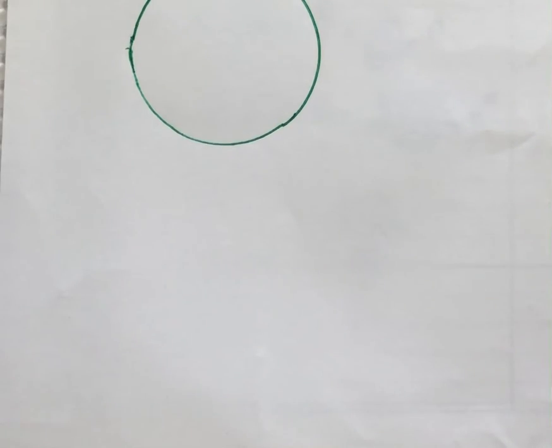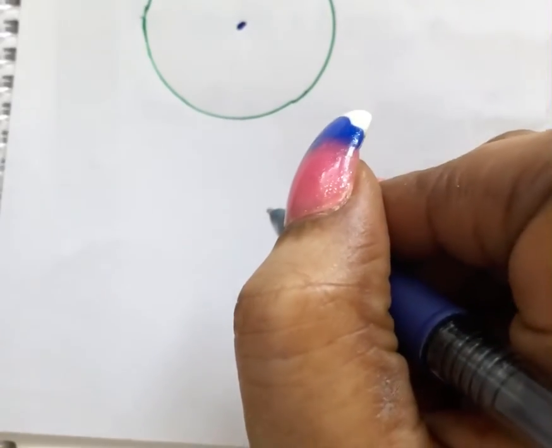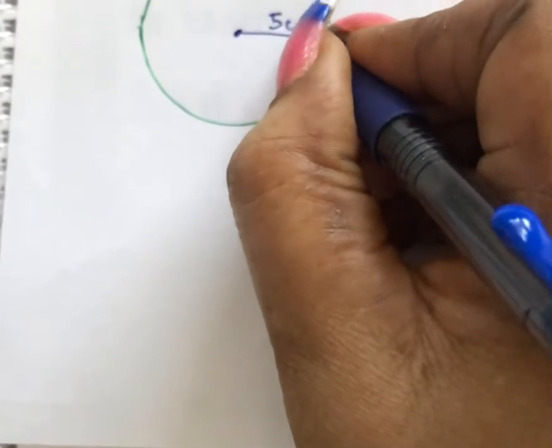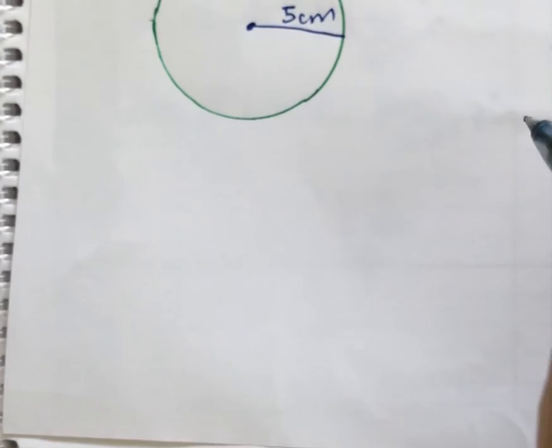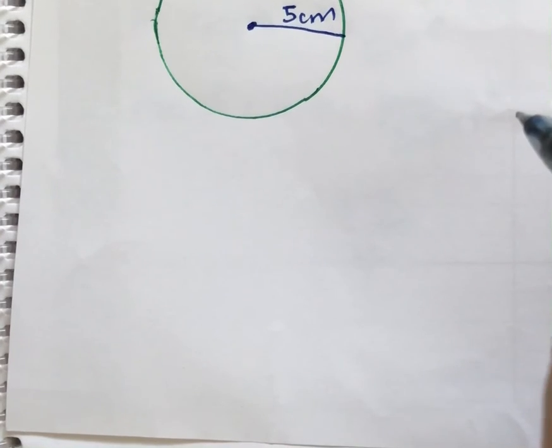Okay, this question says, that's my center, that the radius of the circle is 5 cm. A and B are points on the circumference.